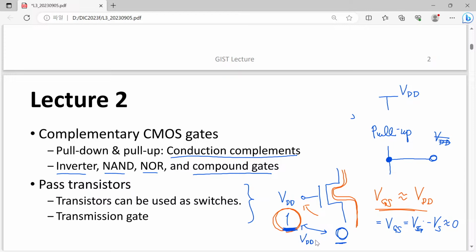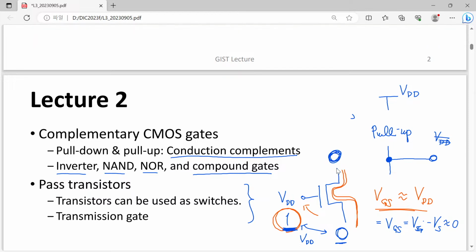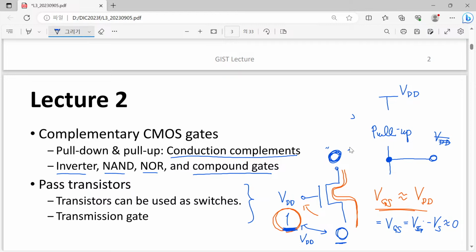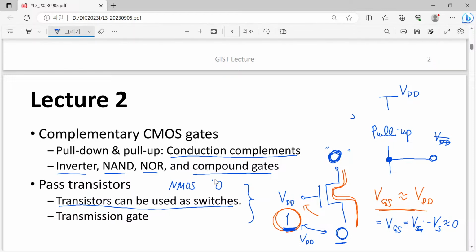So our MOSFET transistor is fully turned on, and it can make our drain terminal also logical 0. Simply speaking, although transistors can be used as switches, an N MOSFET is only good for passing logical 0.